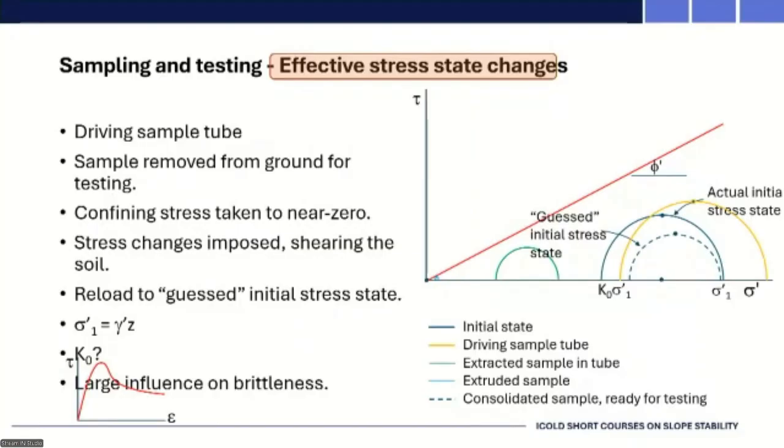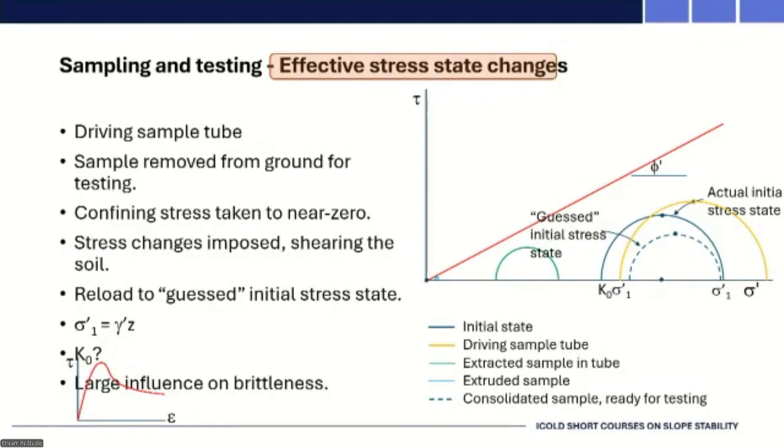So what I want to do then is to think about stress state in the ground, then inserting a sample, pulling the sample out, and what happens to the stress state when we then extrude it, and then we want to ideally reload it to the stress state in the ground and then shear the sample.